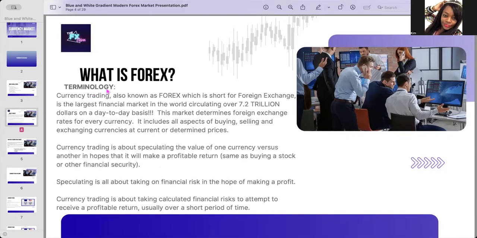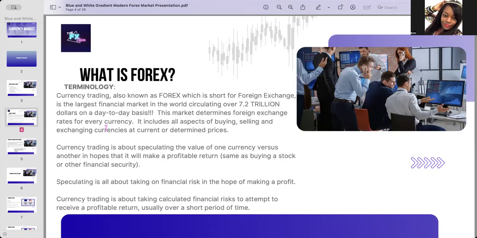All right, what is Forex? As we know, currency trading, also known as Forex, which is short for foreign exchange, is the largest financial market in the world, circulating over $7.2 trillion a day.